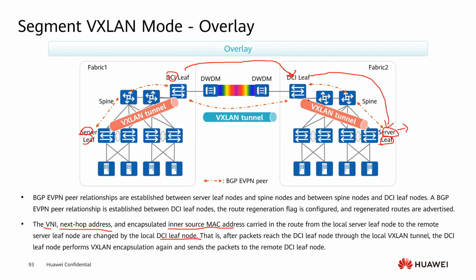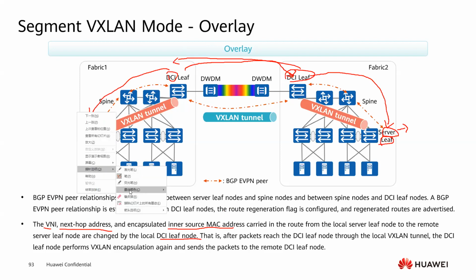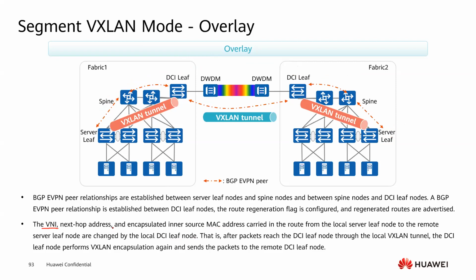So the packet will be sent to this DCI leaf, and then to this DCI leaf, and then to this DCI leaf. So in different VXLAN tunnels, it has different encapsulation VTEP, next hop, and inner MAC source, just like sending the message hop by hop, and every hop will change the message to itself. That is the segment VXLAN.